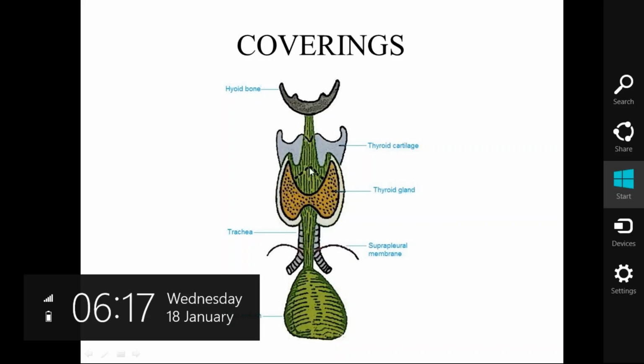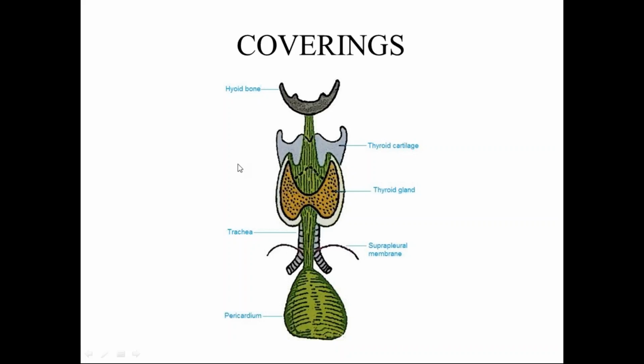This is of a lot of clinical importance next year when you go to clinics and are examining a neck swelling. How to make out whether it is a thyroid swelling or a non-thyroid swelling? Because of this attachment to the hyoid bone and the thyroid cartilage, it's very easy.